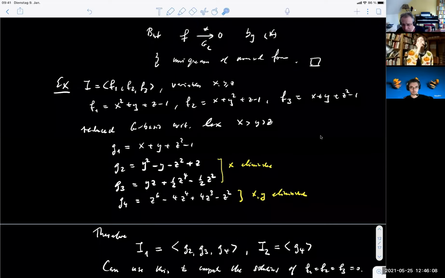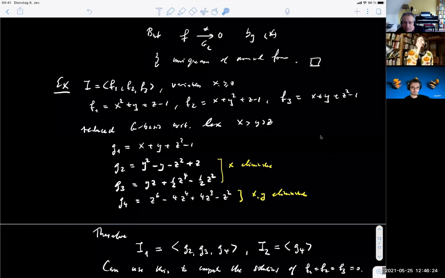So the product of the degrees is the number of solutions. But this is true when you look at solutions in projective space and you count solutions with multiplicity.